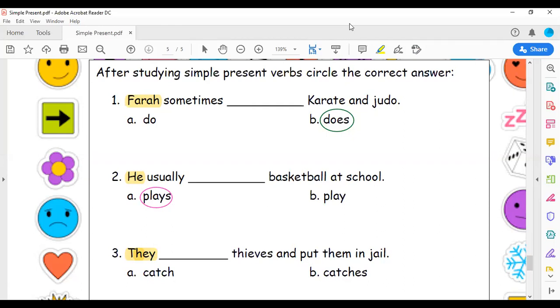So, what do I do? This is catch. I am gonna circle the word catch. So remember, singular subject add s. Plural subject don't add anything. Okay, let's move down.